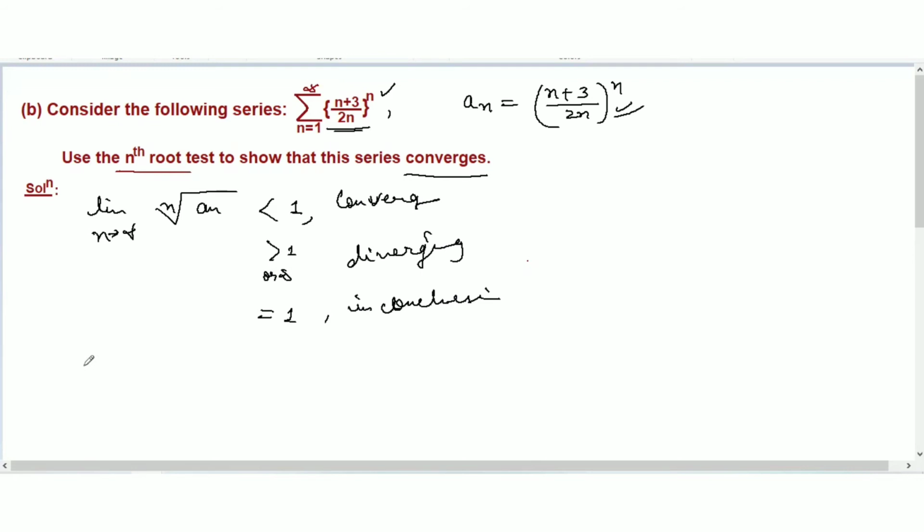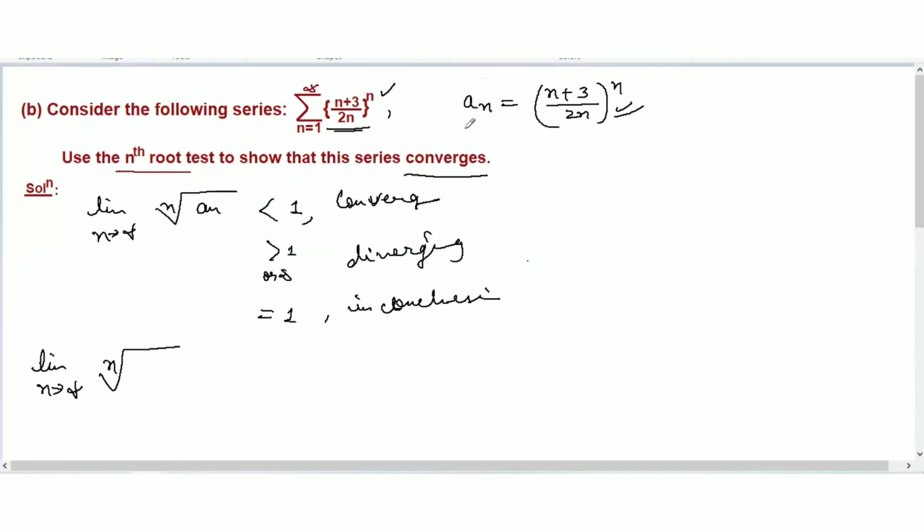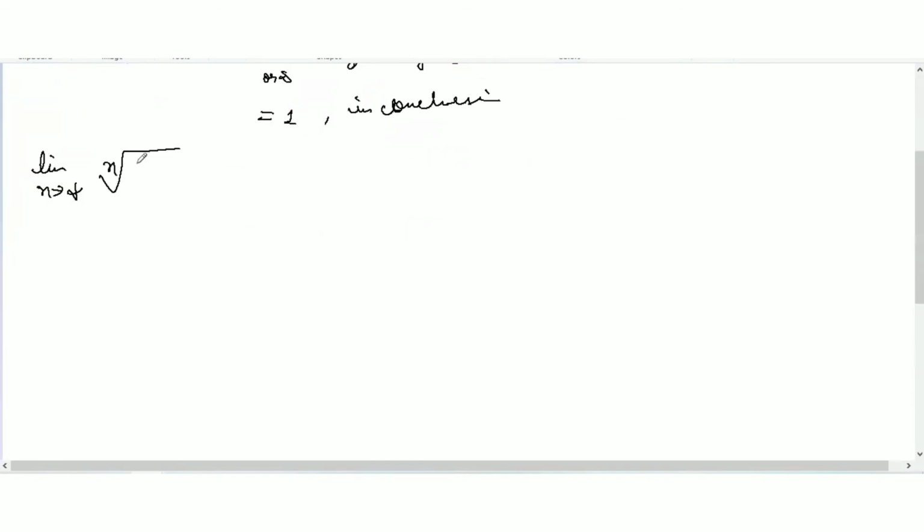Now let's start finding whether this series is converging or not. We have to find the limit n tends to infinity of the nth root of a_n. a_n is what? a_n is this function, ((n+3)/2n) whole to the power n. Now the next step will be the limit n tends to infinity of the nth root.